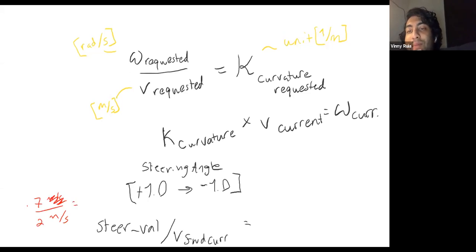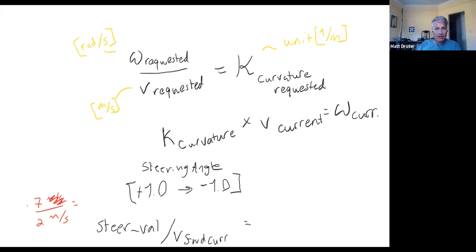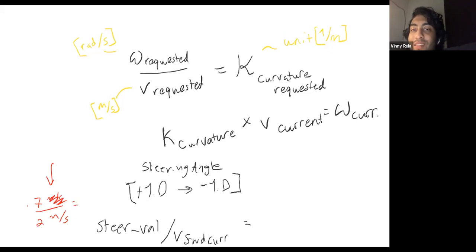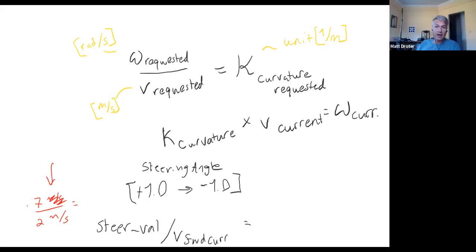But I'm still a little confused what that value is. What does this mean, what I wrote in red? Which part? The 0.7 part? Yes. So the 0.7 is just an arbitrary mapping of how far your wheels can turn left and right.